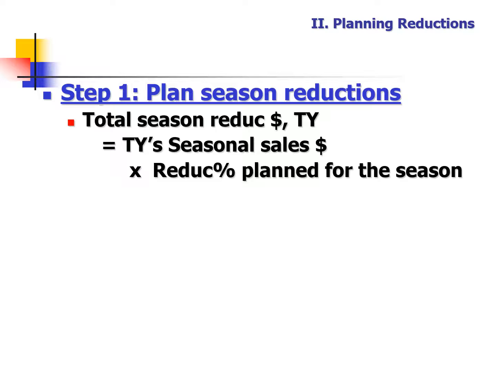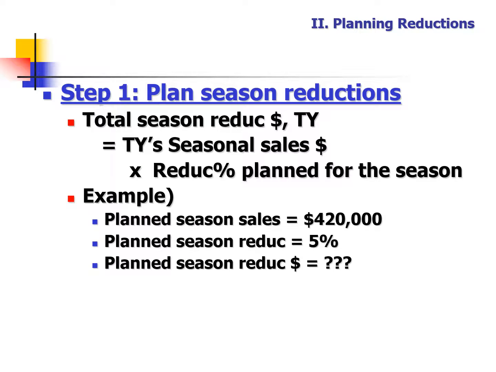So the number one thing that you need to plan in terms of the reductions plan is planning the reductions percent for the entire season. So how many percent of the entire seasonal sales will have to be figured as reductions. That's what we need to plan first. And once you have that plan, then you times that by the seasonal sales to estimate the total seasonal reductions dollar.